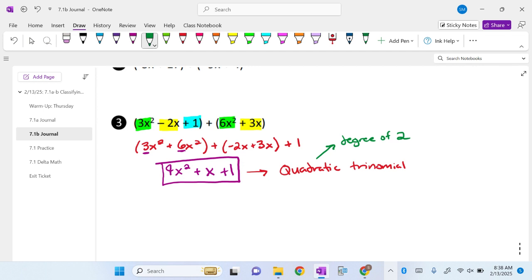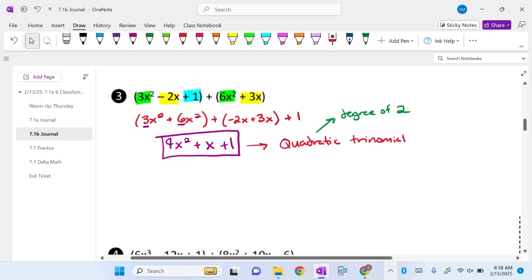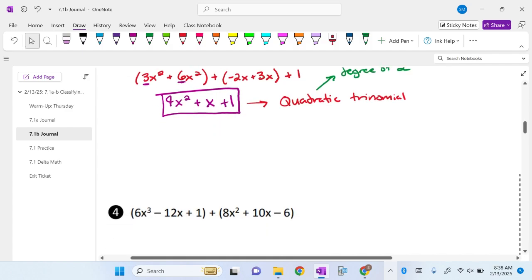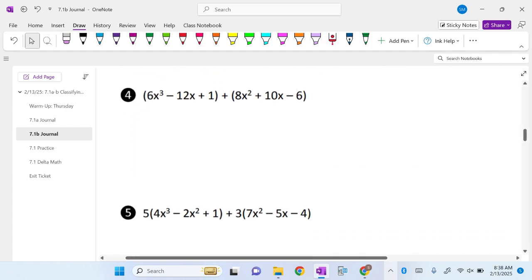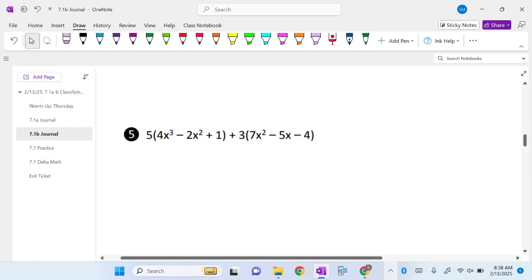All right. Any questions on the simple adding like terms? All right, let's look at one where we kind of do a little bit more work. Let's look at example 5.